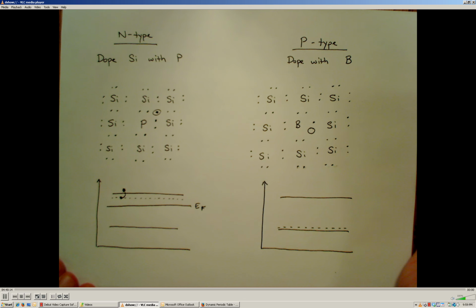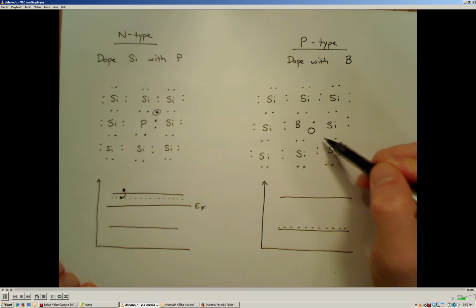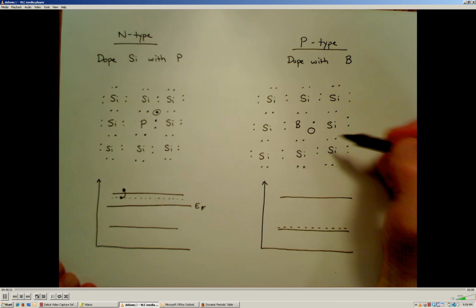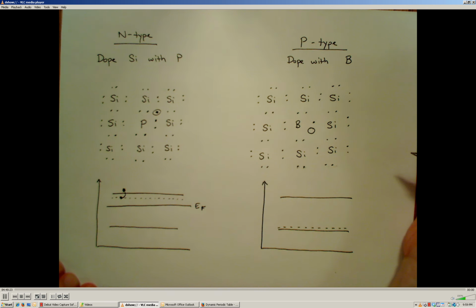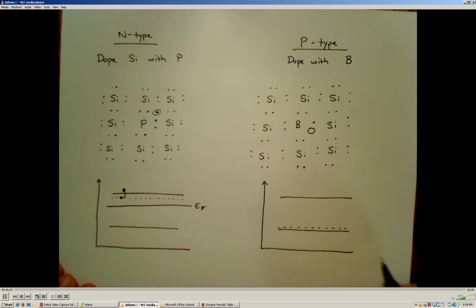But now we've created this region where this boron atom wants to try to grab electrons, if you will, from its neighboring silicon atoms. And we call this absence of an electron a hole.